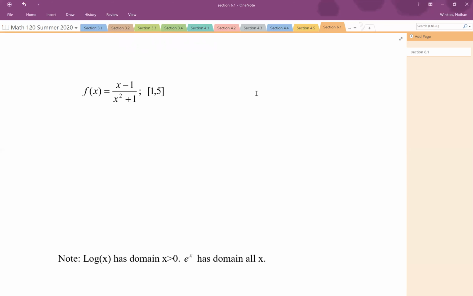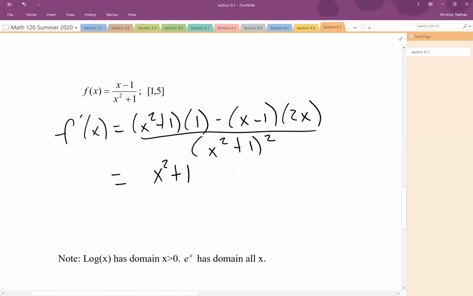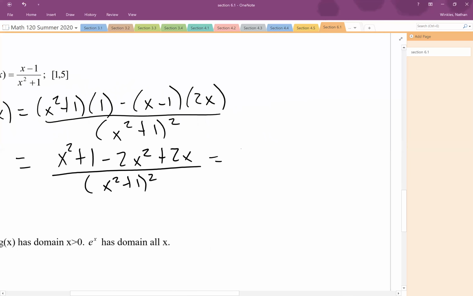So f prime of x equals low d high minus high d low over the bottom squared, which is (x squared plus 1) minus (2x squared plus 2x) all over (x squared plus 1) all squared, which is minus x squared plus 2x plus 1 all over (x squared plus 1) all squared.